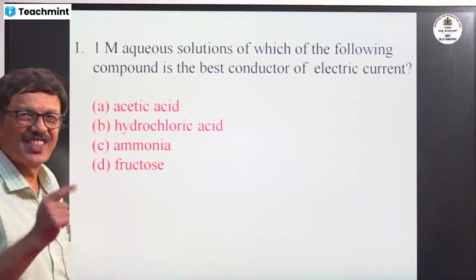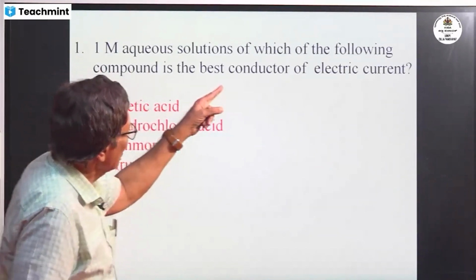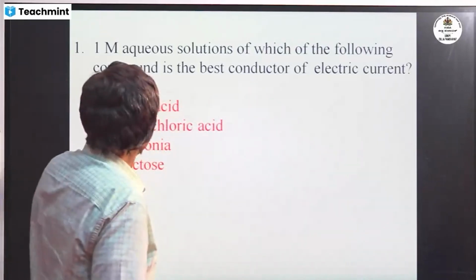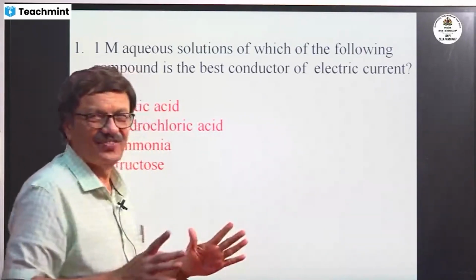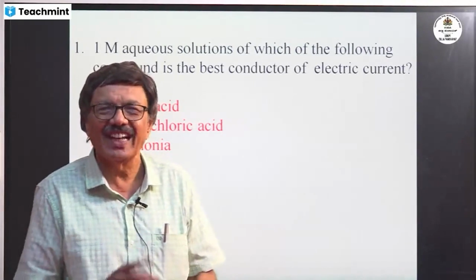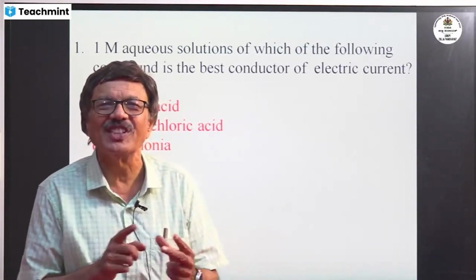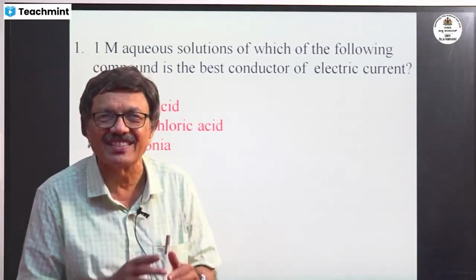See the first question. 1 molar aqueous solution of which of the following compounds is the best conductor of electric current? Regarding the conduction of electricity, there are two types of substances which conduct electricity. One is metallic conductors.